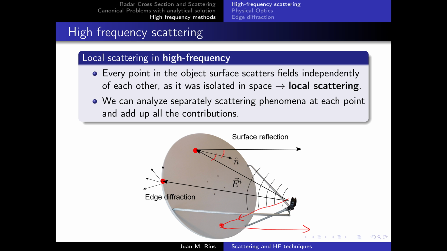But here, in high frequency methods, we don't have any linear system. The scattering is independent from one point to the other, so we only have to account for the incident field at a given point and the local geometry, compute the scattering at each point and at all the other points in the object surface, and sum up all these contributions.